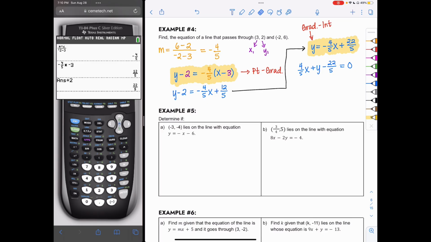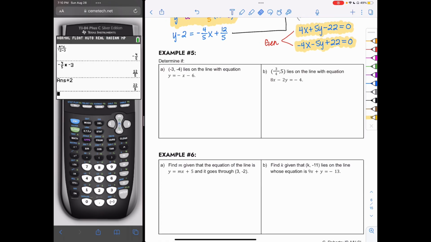Then I have to multiply both sides by 5, and I end up with 4x plus 5y minus 22 is equal to 0. That is my general form. Or, depending on if you subtracted y in the beginning on both sides, you would have ended up with negative 4x minus 5y plus 22 is equal to 0. Either one is the correct general form.